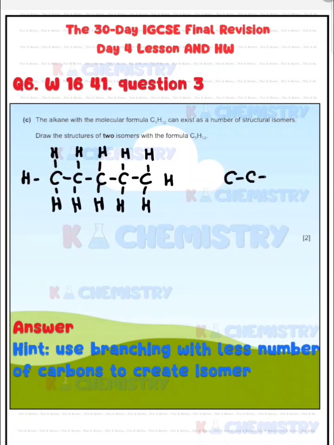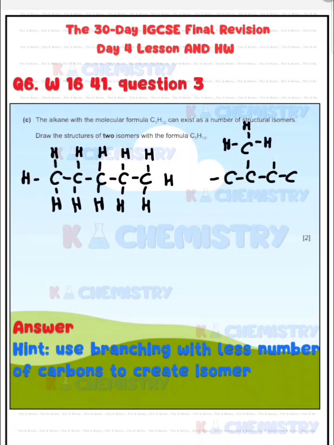So that's 1, 2, 3, 4, and then the branch will be coming from any one of those. You cannot put it at the end, it will not be a branch. If you put it like that, this is not a branch. A branch can only come from the second or the third carbon. So I'll put a carbon here, that's a branch, and now the total is 5. Then continue drawing the compound as normal.